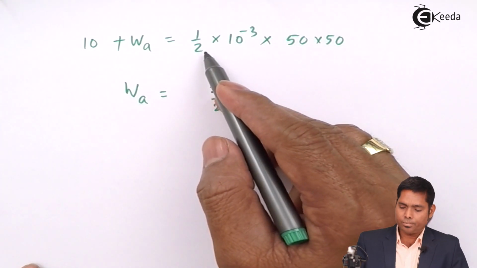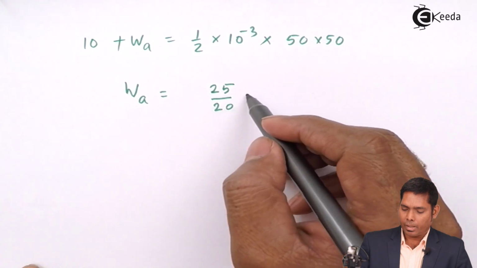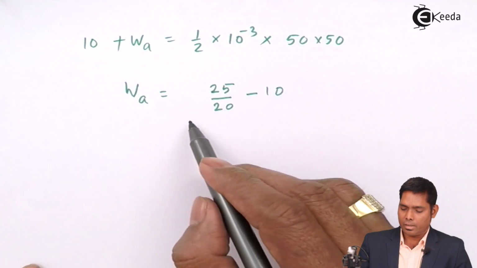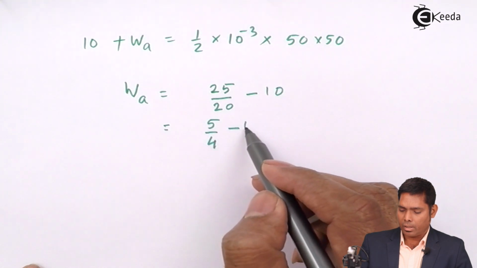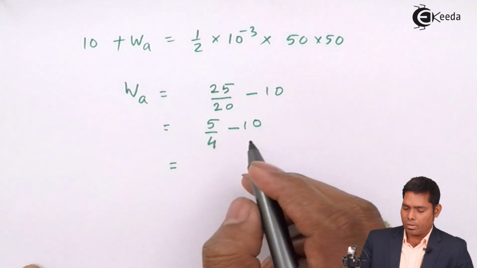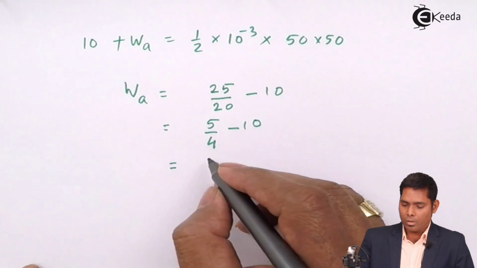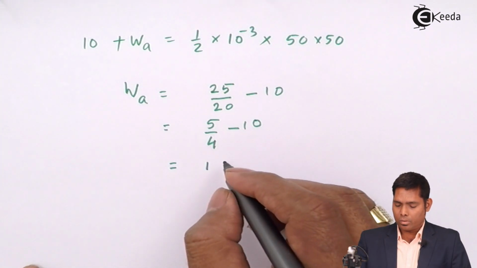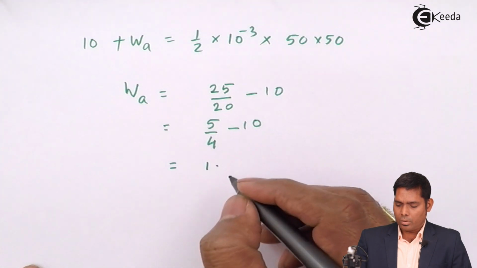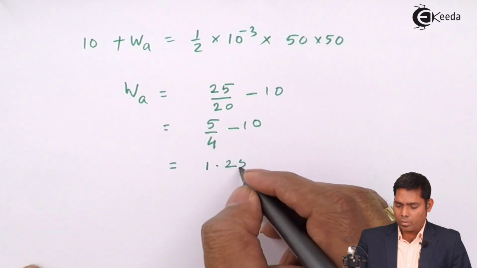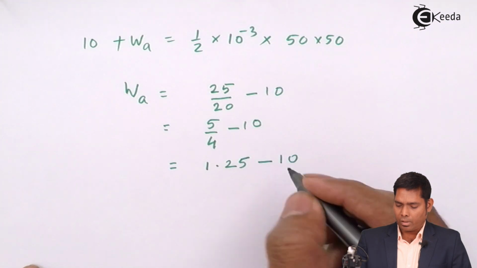because this 2 is there, so 25 by 20 minus 10, because this 10 goes to that side, so this is actually 5 by 4 minus 10, it is actually 1.25 minus 10.